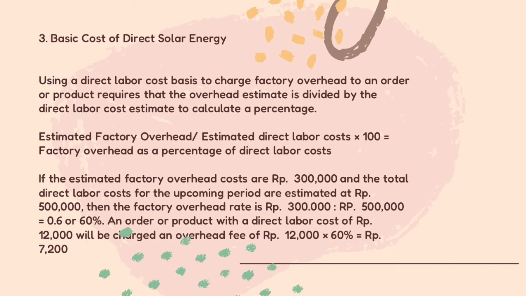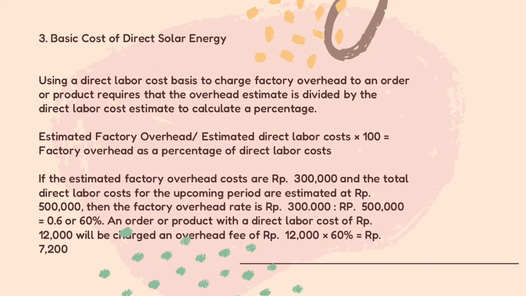If the estimated factory overhead costs are 300 rupiah and the total direct labor costs for the upcoming period are estimated at 500 rupiah, then the factory overhead rate is 300 rupiah divided by 500 rupiah equal 0.6 or 60%.